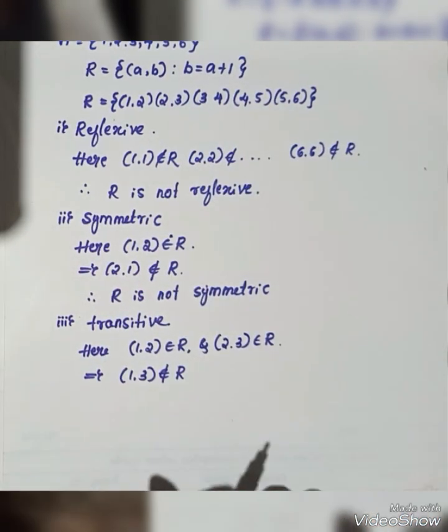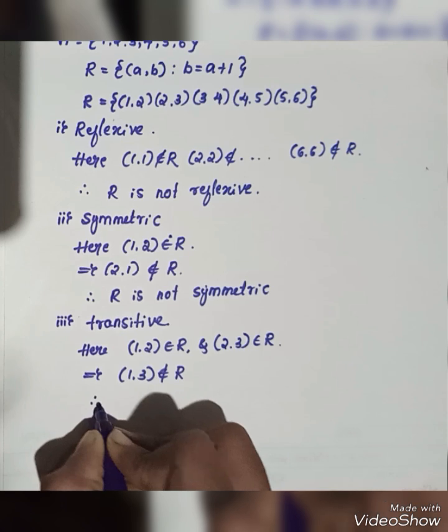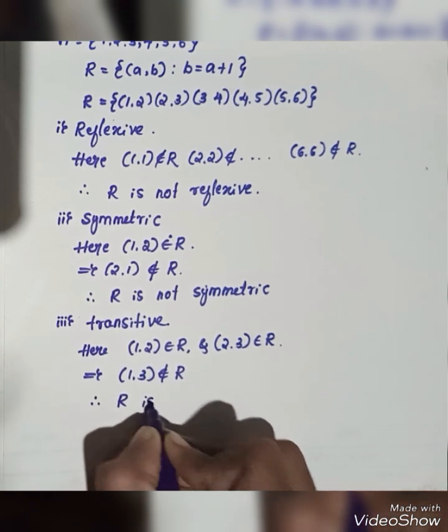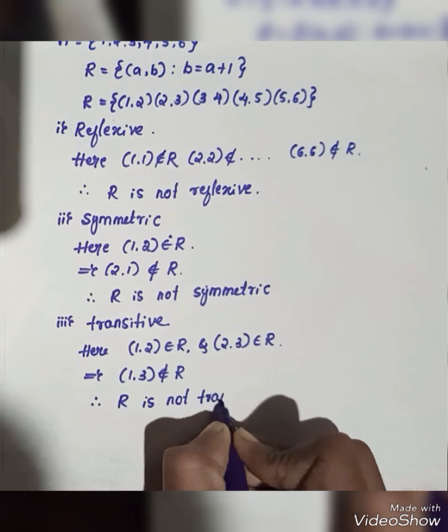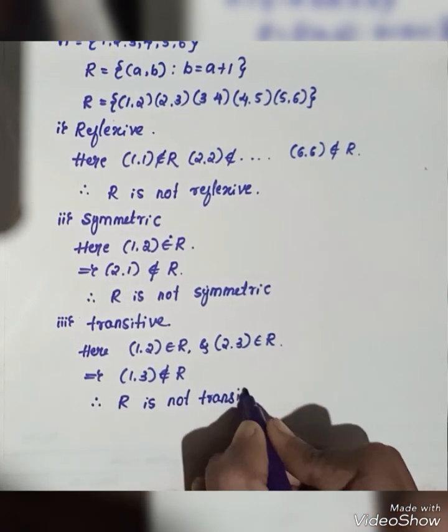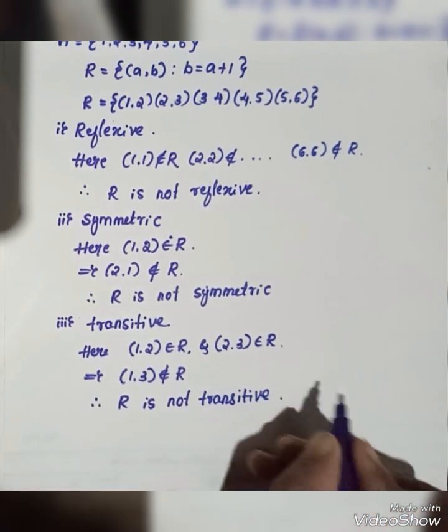But (1, 3) is not there. Therefore, R is not transitive.